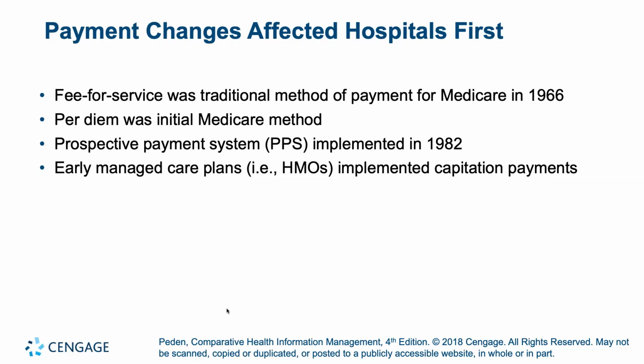And so they put a number per DRG, an amount that they would pay, regardless of how long the patient was there. If they fell into this particular DRG based on their situation and their diagnoses and complications, comorbidities, then they were paid a flat fee, and it was up to the hospital to make sure that they used their time and supplies and services wisely.